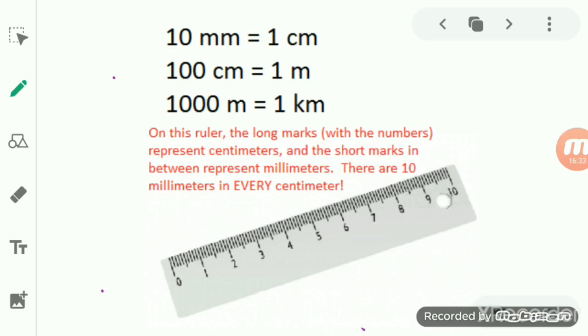So distance is another term which is related to length. The length between 2 points far away from each other, we use the term distance.